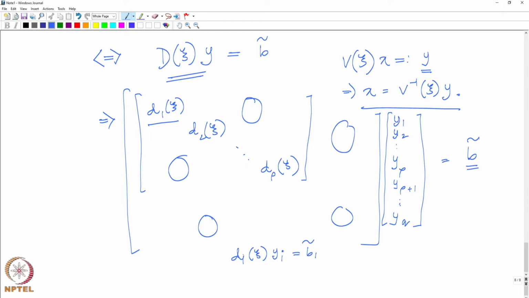In fact, I can replace these by i, where i goes from 1 to rho, and the remaining ones, starting from rho plus 1 till q, are 0 times yi equals bi tilde. Just look at it carefully.